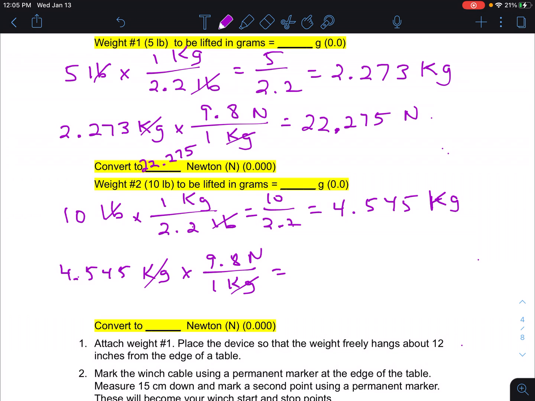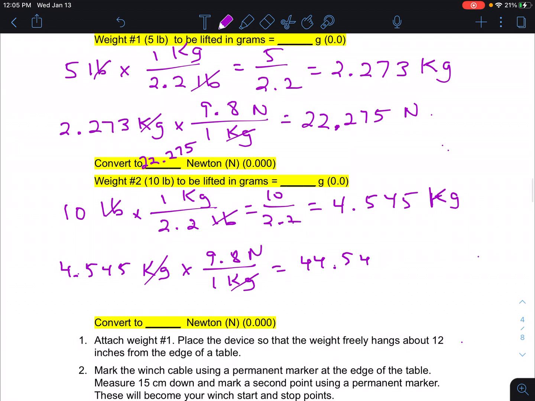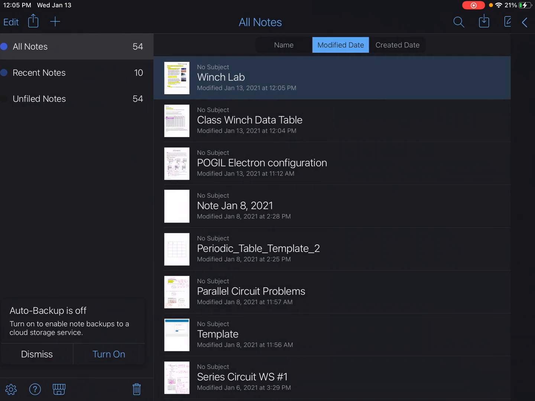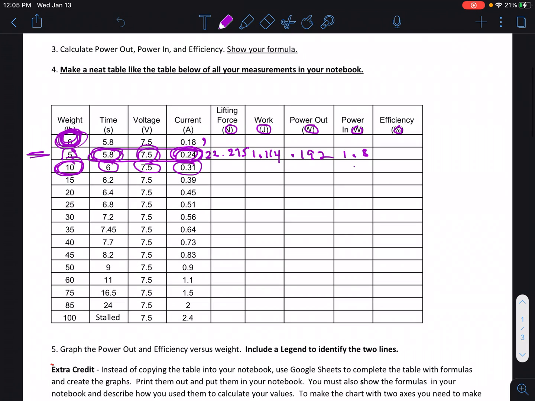It's just multiplication. It will give us 44.54 newtons. And that goes here, 44.54. And that also goes right here, 44.54.